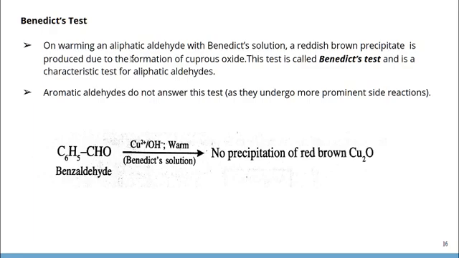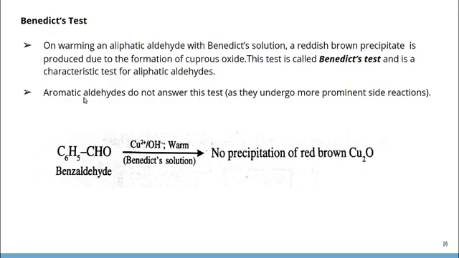Now let us see what is Benedict's test. On warming an aliphatic aldehyde with Benedict's solution, a reddish brown precipitate is produced due to the formation of cuprous oxide. This test is called Benedict's test and is a characteristic test for aliphatic aldehydes.